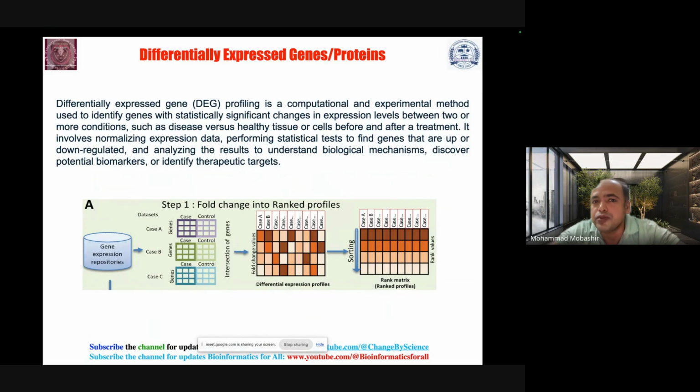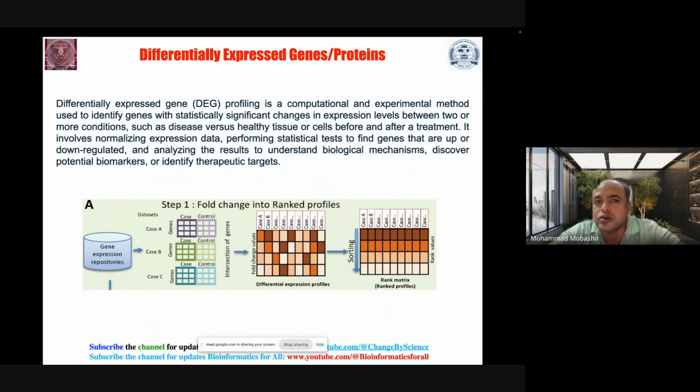Differential expression profiling is a computational and experimental method used to identify statistically significant changes in expression levels or patterns between two or more groups or conditions, such as disease versus healthy tissues, or cells before and after treatment.